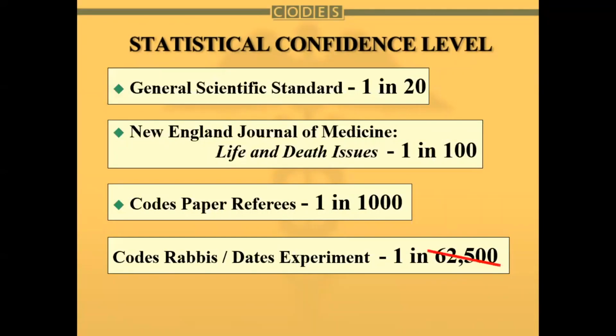It was 1 to 1.7 million. The people of statistical science concluded the proximity of words with related meanings in the book of Genesis is not due to chance. Ladies and gentlemen, if it's not due to chance, that means this was done by design.